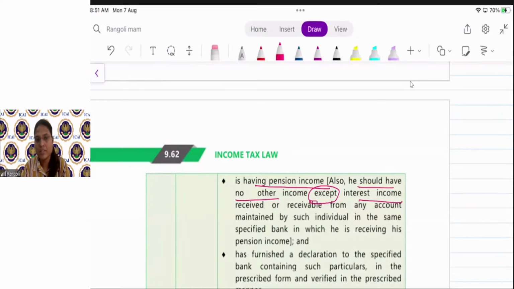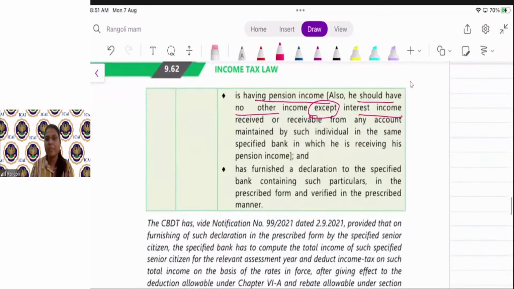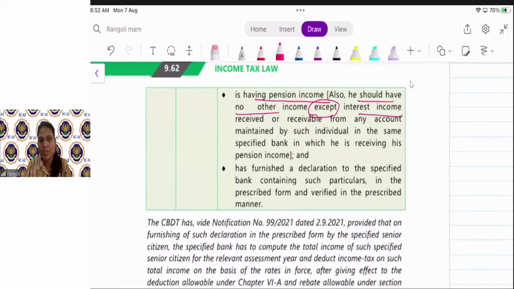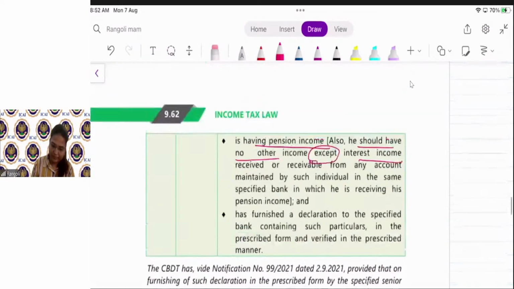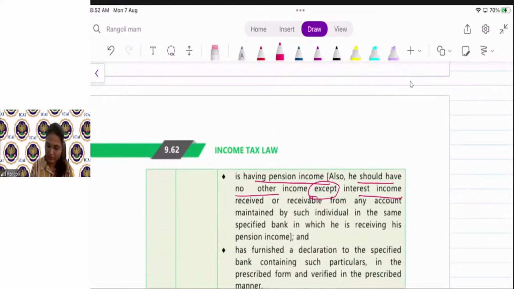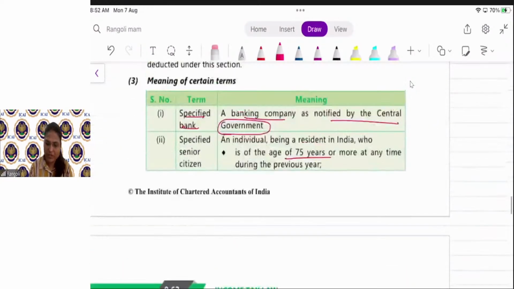So if the senior citizen is having only pension income and the interest income, and both are credited in the same bank account, and he has furnished a declaration to the bank regarding the amount of interest, amount of pension, and the amount of deduction he wants to claim under chapter 6A, then this section is applicable.